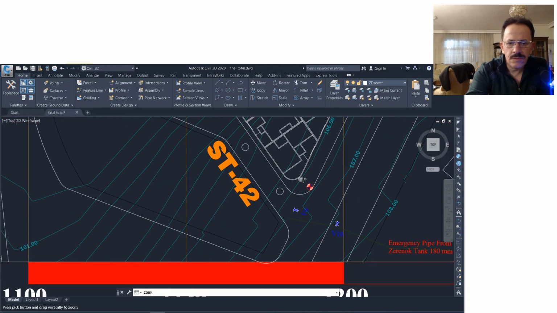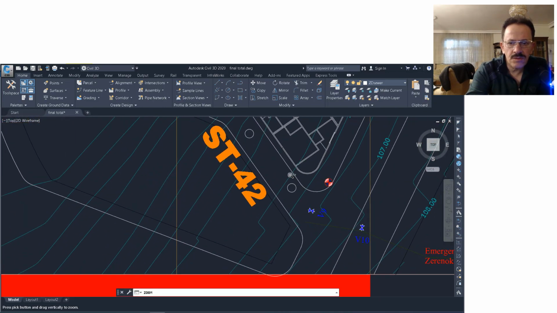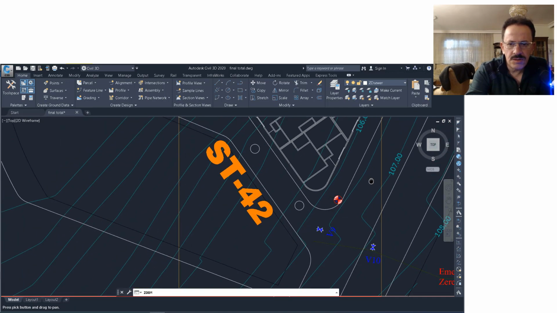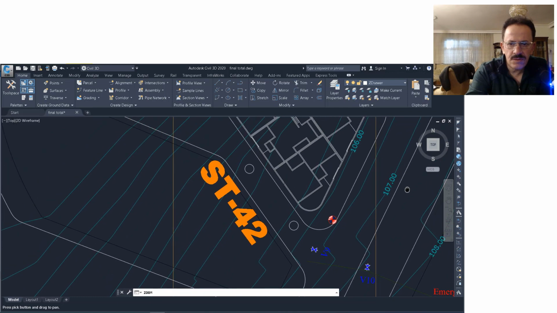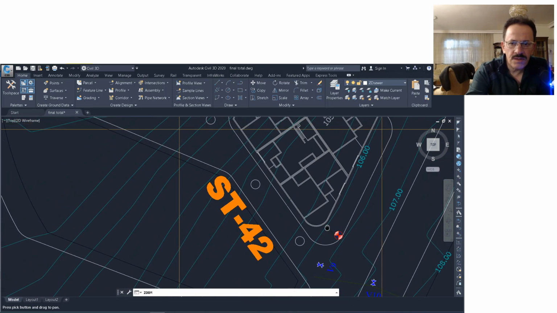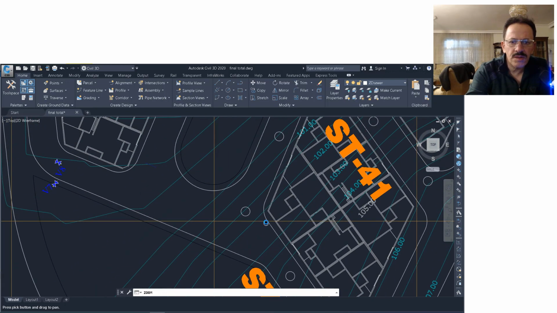For example, these manholes will be between 107.5, 106, and this will be 101.5.